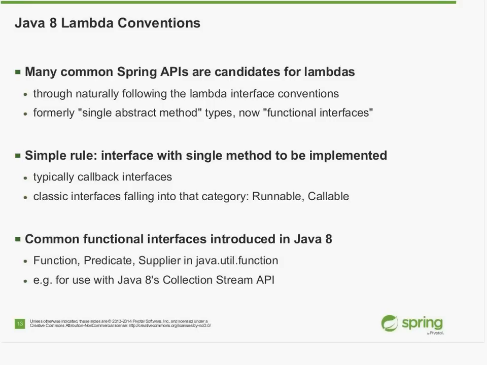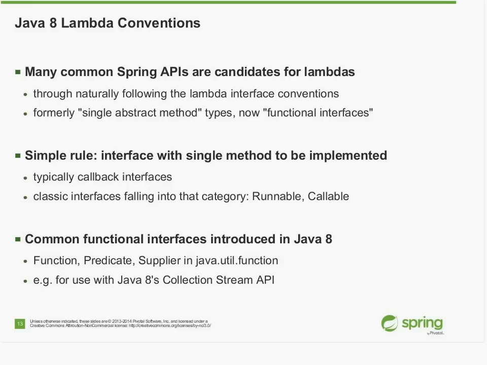That said, there's also plenty of new types coming in Java 8. The previously mentioned collection stream API is a really interesting feature, not the focus of today though, because it's quite independent from Spring. It works great with Spring, but it doesn't require special support from Spring. It just works when you use it within your component implementations.